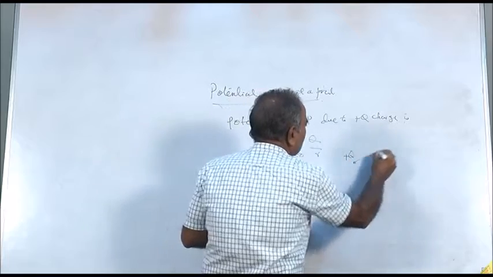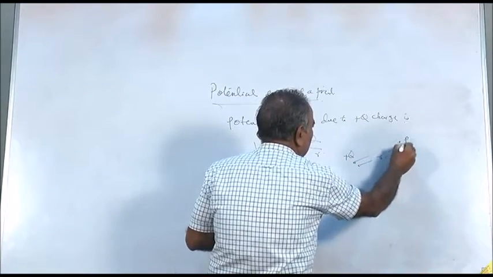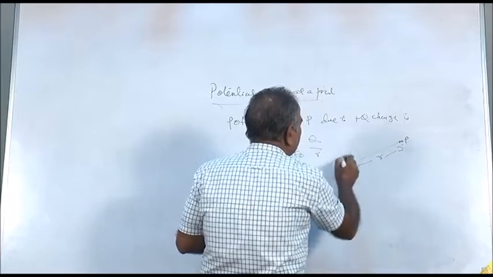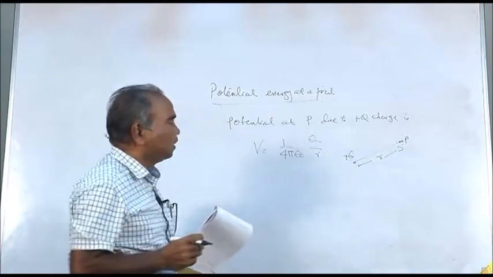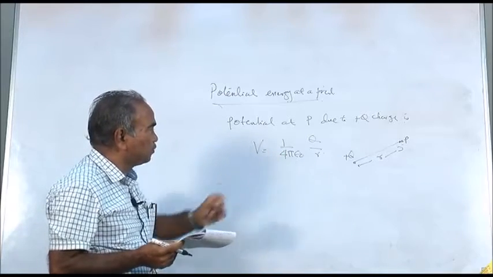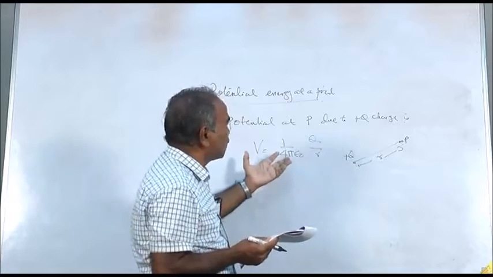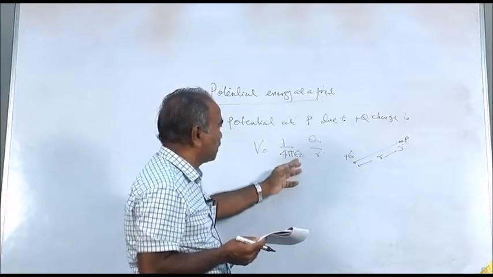P is any point and the distance is R. So potential at this point due to this charge plus Q is 1 by 4 pi epsilon 0 Q by R if it is in the air medium. In another medium, it will be 1 by 4 pi epsilon Q by R.